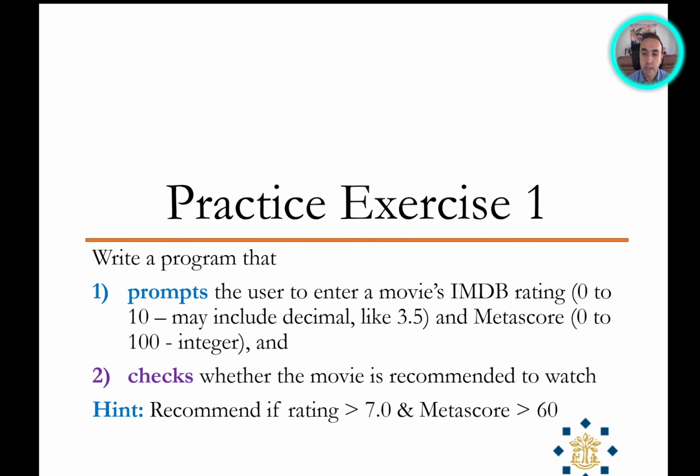So a rating between 0 to 10, that may include decimal like 3.5, but a Metascore is between 0 and 100, and that's an integer. So you input two, first the rating and the Metascore, so two inputs, and then you check whether the movie is recommended to watch. A recommendation is when the rating is strictly greater than 7.0 and the Metascore is strictly greater than 60.